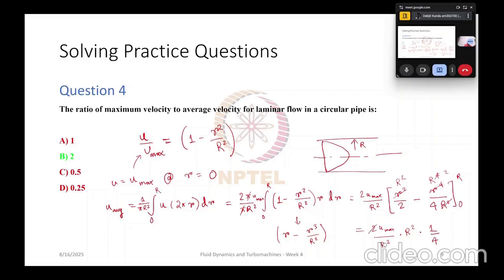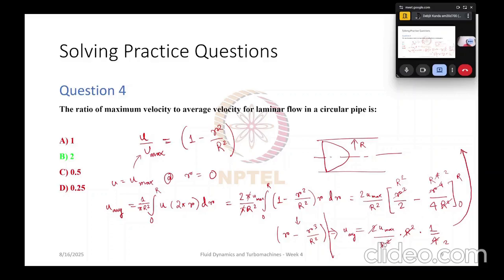And I can cancel the 2 out, the R square cancels out, and the left hand side all along has been u average. So this, I'll move over here for the lack of space.